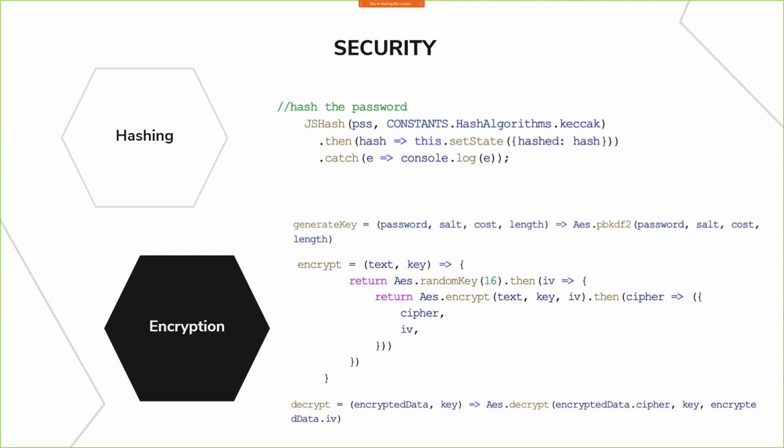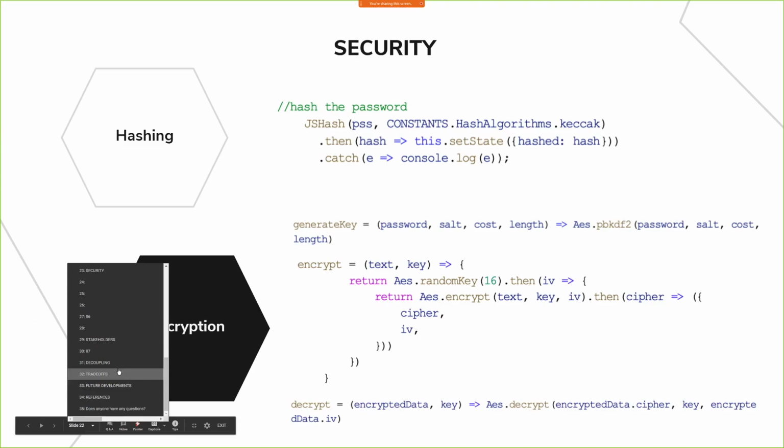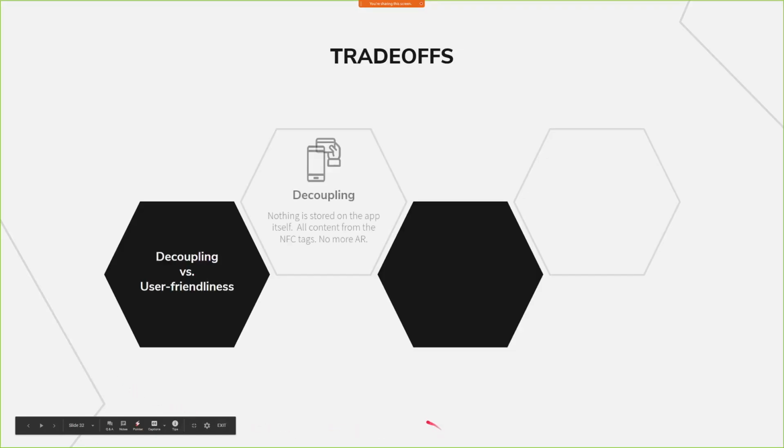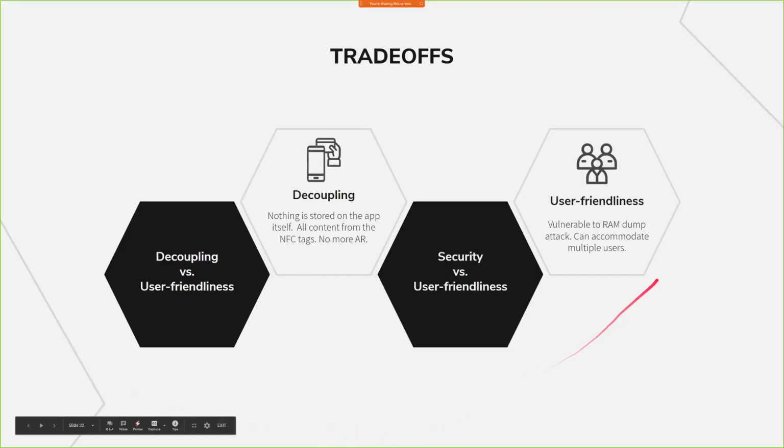For normal users, it's pretty secure, but for professional hackers, of course, it's not. As I mentioned in our trade-offs, even though we are encrypting and hashing, we are vulnerable to a RAM dumping attack, because in order to authorize users, we check the contents of the app.